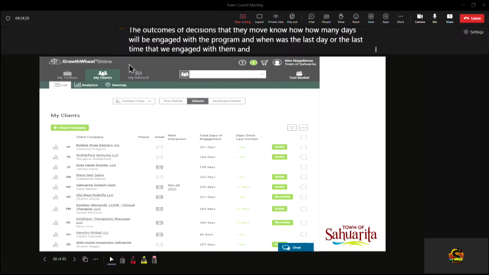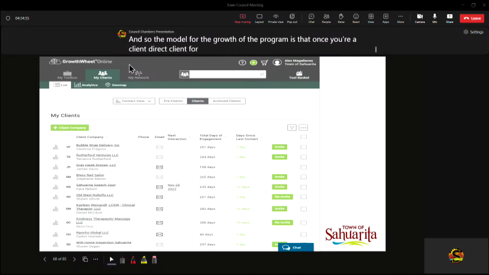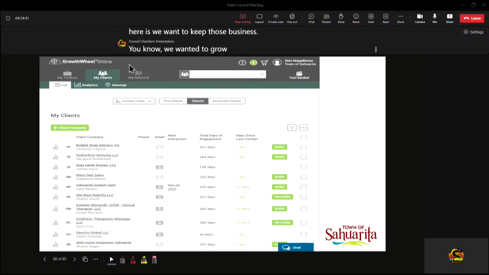And so the model for the Grown Sahuarita program is that once you're a client, you're a client for life. And that's really what we're intending to have here, is we want to keep those businesses here. We want them to grow. And more so, we want the next generation of entrepreneurs to also engage in this program.